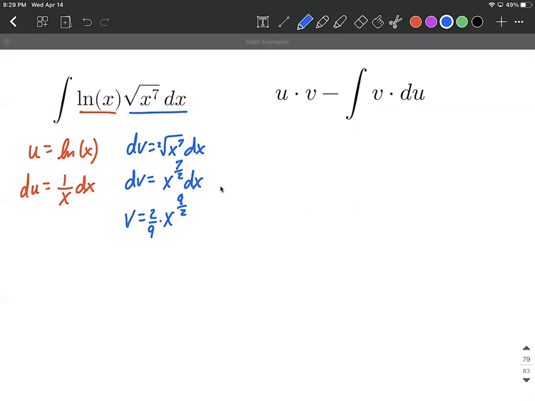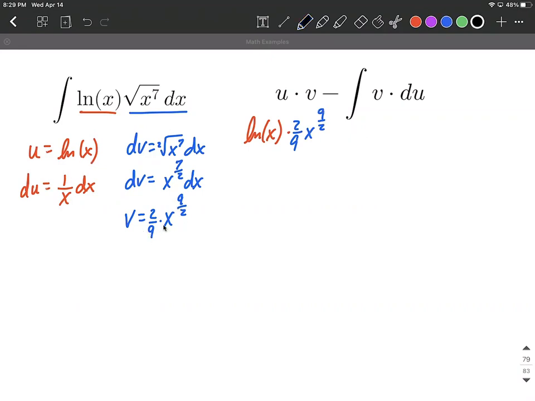All right, now that we've collected all this information, let's go over to our formula and see about plugging this in. In the u spot here, we can replace it with natural log of x. In the v spot, we can replace it with 2/9 x to the 9/2. That came from right here.